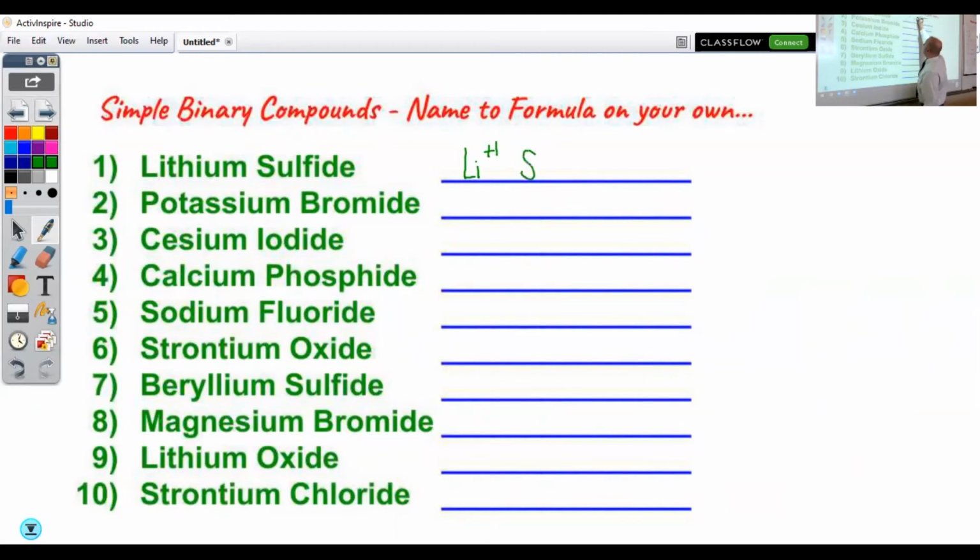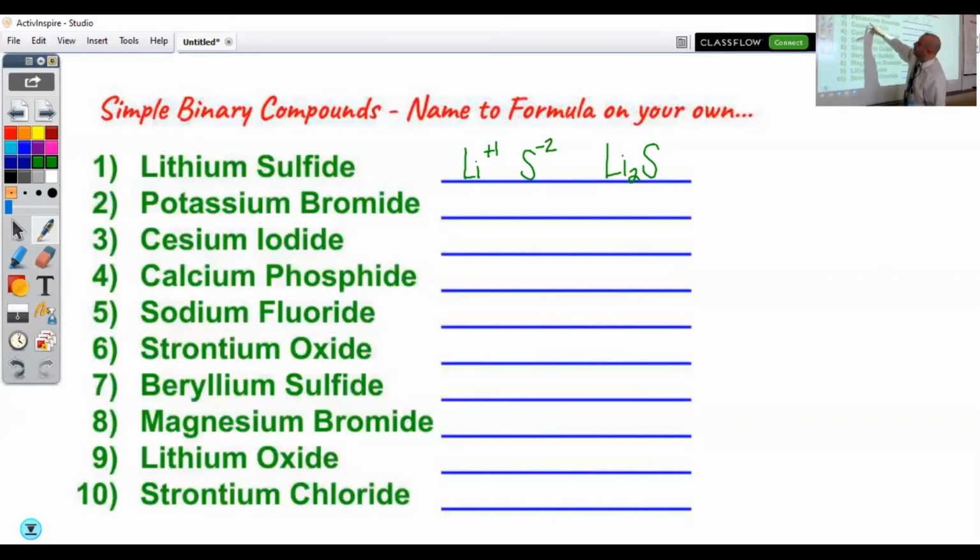Sulfide is in group 16, so it has a -2 charge. In order to balance out the +1 and -2, I'll need 2 lithiums. So I write that by putting a subscript of 2 here in order to balance out the sulfide charge. So 2 copies of the thing that's +1 will balance out the -2 charge on sulfide.